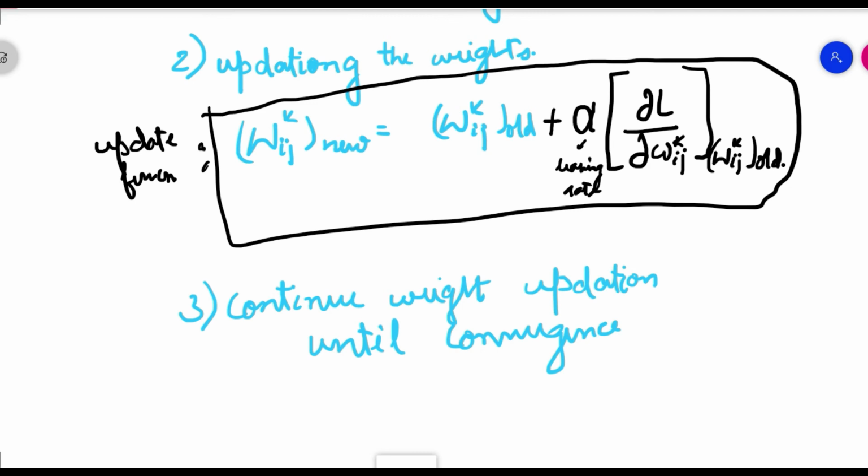As explained earlier, the key step in the gradient descent methodology is finding this part of the update equation, that is, the rate of change of the loss with respect to the old weight. So how is it actually calculated?